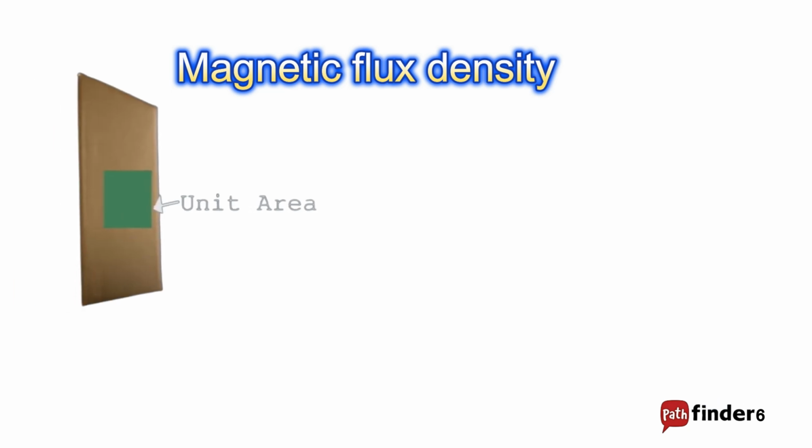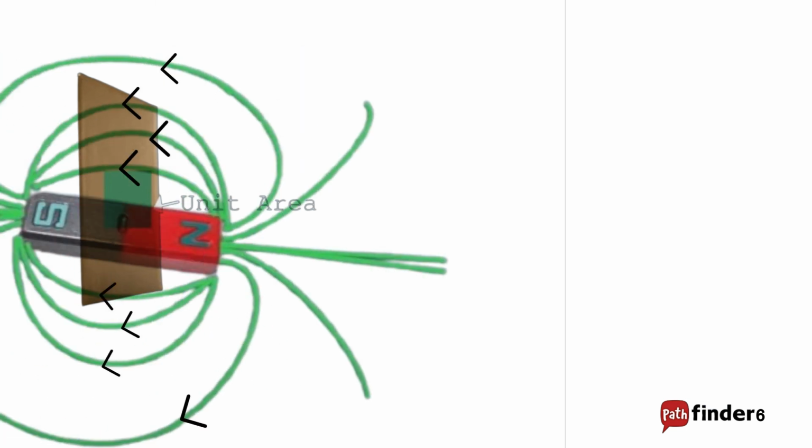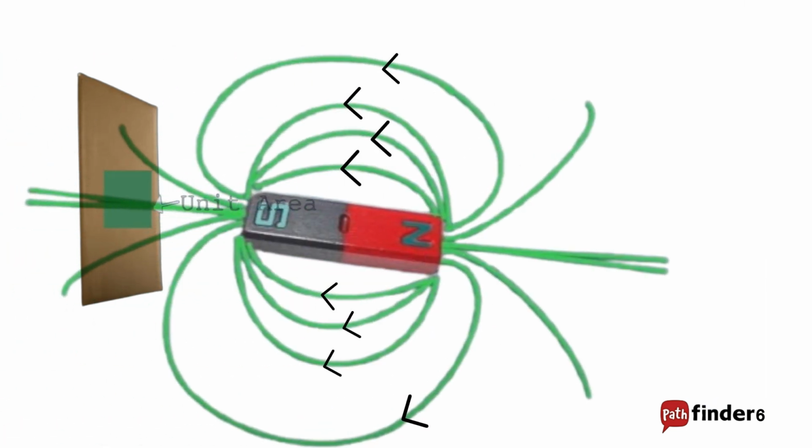In magnetic flux, we considered the whole surface of the cardboard, but in magnetic flux density, we consider only a unit area of the surface. Place this cardboard in the magnetic field such that the angle between the cardboard and the magnetic lines is 90 degrees. Observe the magnetic lines passing through the cardboard surface. These are called magnetic flux.